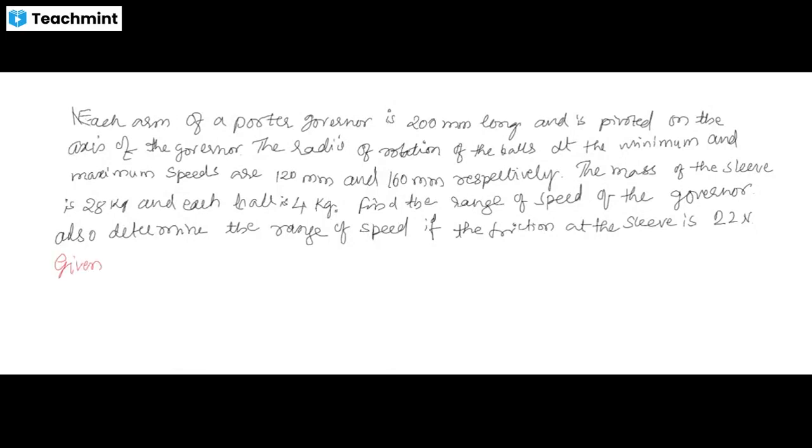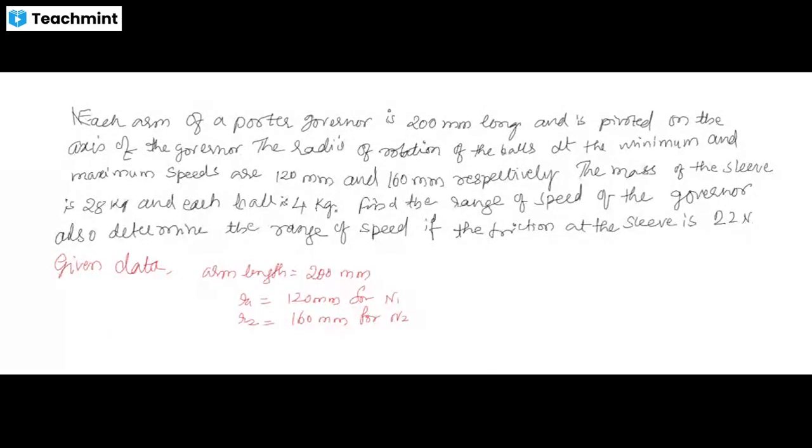So first you note down the given data. Arm length, all arms are of equal length, it is 200 mm. Radius r1 is 120 mm for n1 speed, that is the minimum speed, r2 equal to 160 mm for maximum speed.